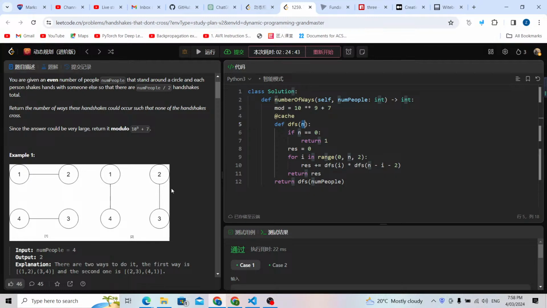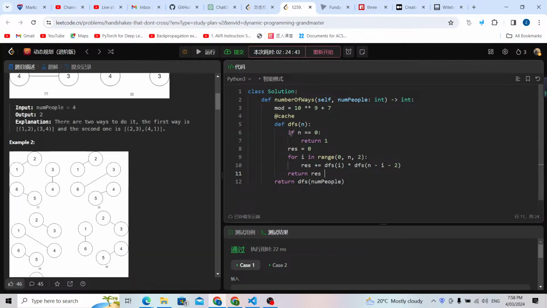DFS 0 is 1, and DFS 2 is 1, so it is 1. Another is i equals 2, which means DFS 2 times DFS 0, so it is 1. So 1 plus 1 is 2. This means if there are 4 people, we return 2. Similarly, we use this DFS with memoization to get the result. The final answer should be taken modulo the given mod.